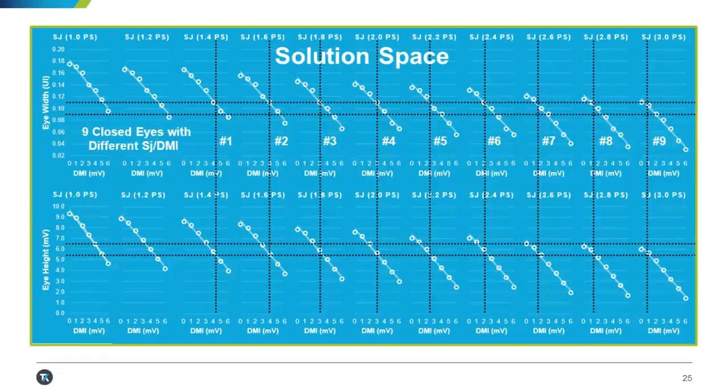With this channel, looking across the different ranges of differential mode interference and SJ, we see 9 different solutions, 9 different locations where we close the stress eye. Those tiebreaker criteria are highest loss channel, which we're already at, and then beyond that, which one gets you closest to the nominal eye width and eye height values.